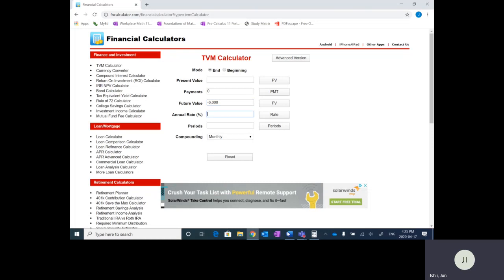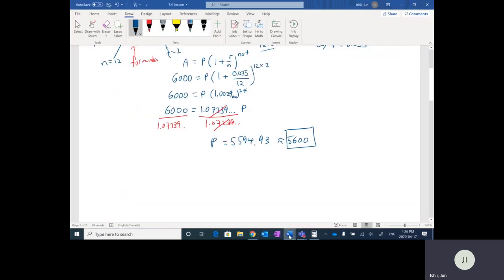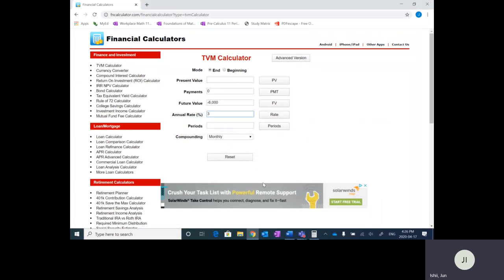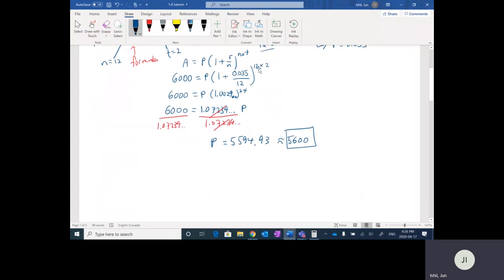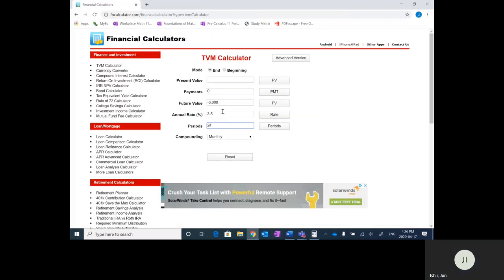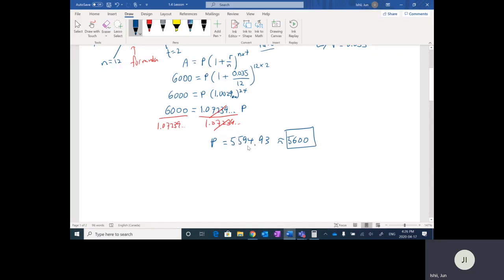The annual rate was 3.5%. And the number of periods, that's compounded monthly for 2 years, so basically the number of periods is the exponent here. That's 24. It's compounded monthly, yes. Okay, so the present value, boom, 5594.93, which is exactly what I got here. Cool.